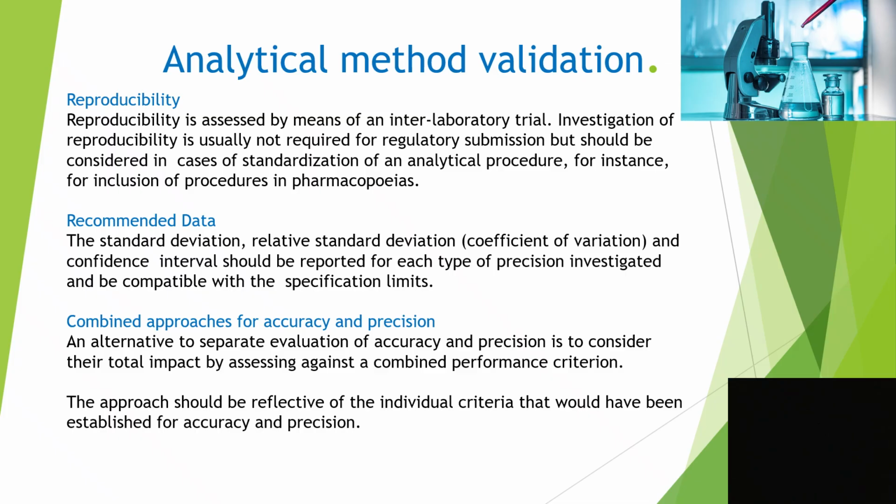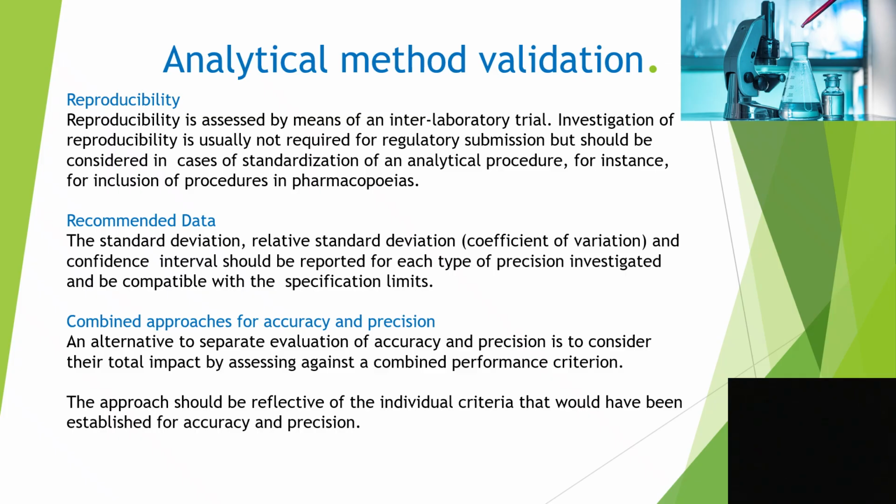Recommended data: the standard deviation, relative standard deviation, coefficient of variation, and confidence intervals should be reported for each type of precision investigated and can be compatible with the specification limit.